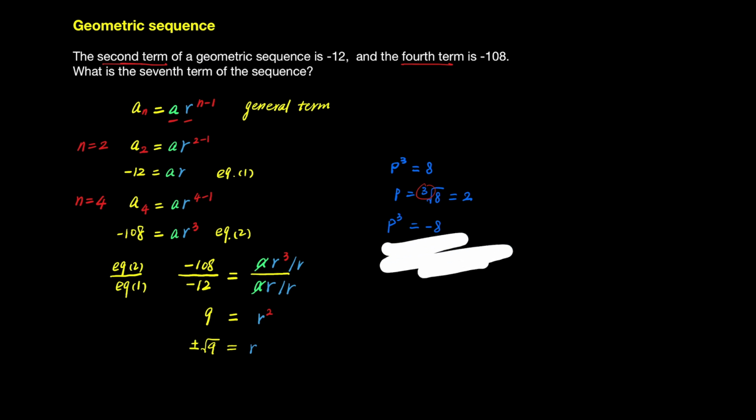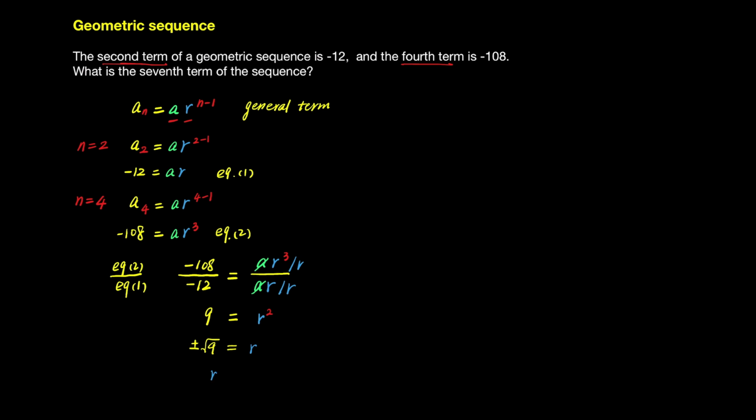Alright, let's erase this and return to the question. So we have two solutions for r. r is positive or negative 3. Then we can plug the value of r into either of the two equations. Let's just use equation 1 here. When r is positive 3, we have negative 12 equals a times 3.